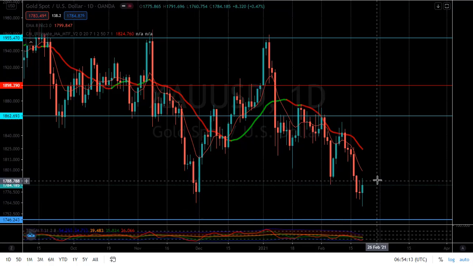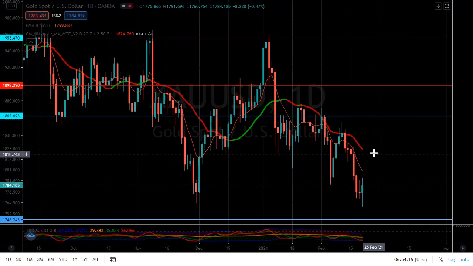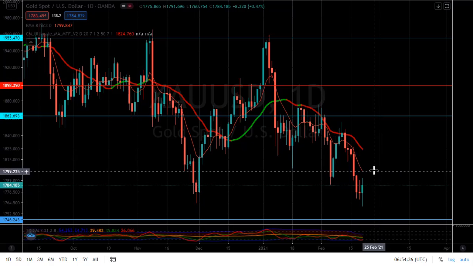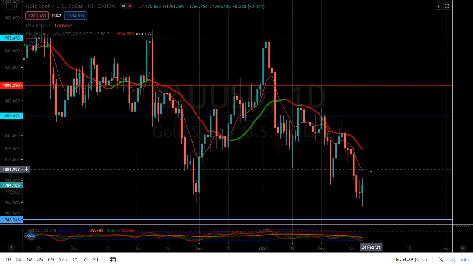But if we keep climbing higher, we could still see price go as high as the 1820 area, if we get that strong bullish momentum to the upside. But since we've made lower lows and lower highs, I'm looking forward to seeing reversals around the 1803 area or the 1807 area for us to continue to the downside.